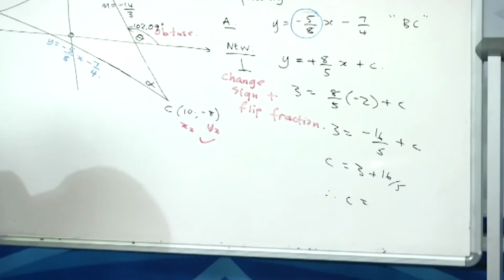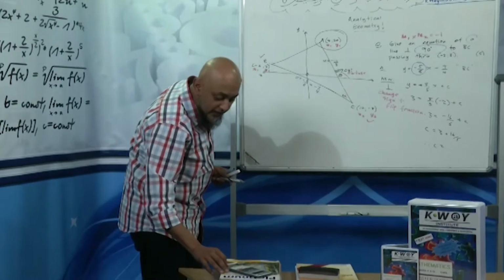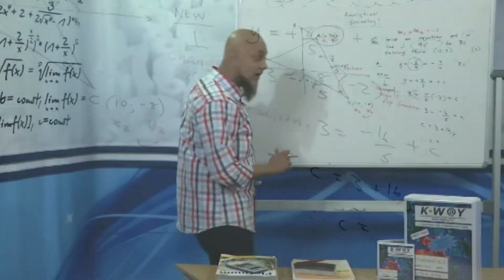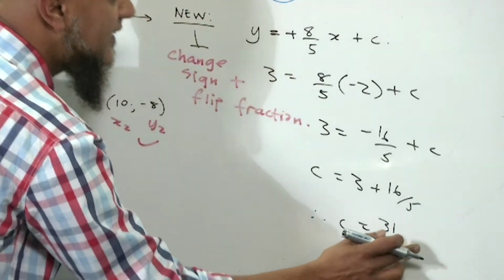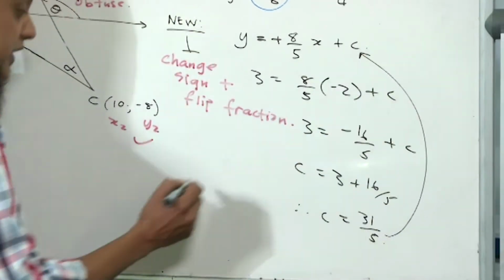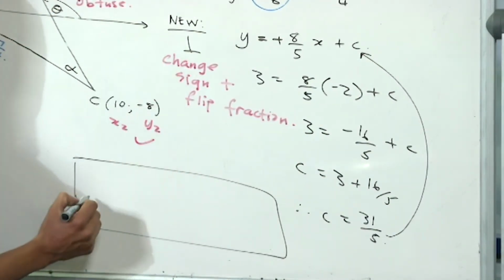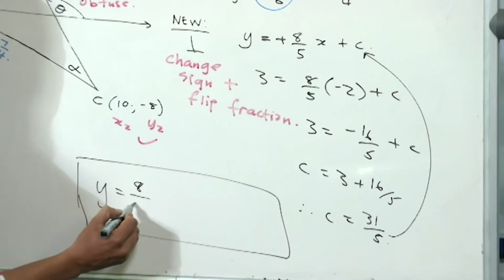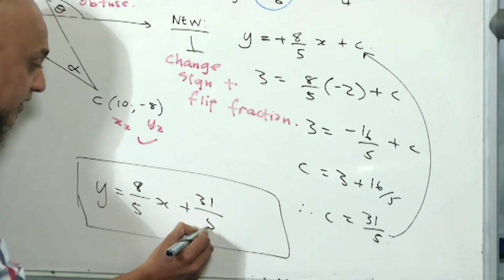Go to our calculators. 3 plus fraction 16 over 5. We now get 31 over 5. We now take the 31 over 5 and we plug it back into that equation. Your final answer for your perpendicular equation is y is equal to 8 over 5x plus 31 over 5.